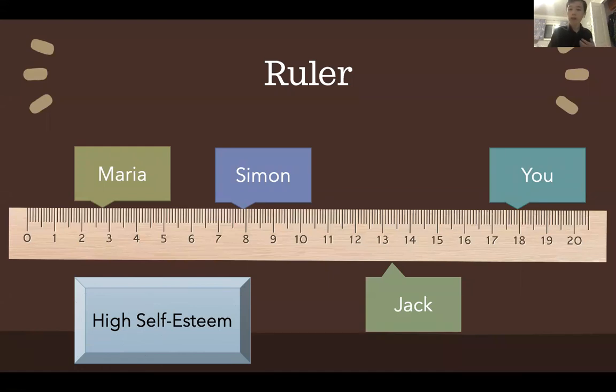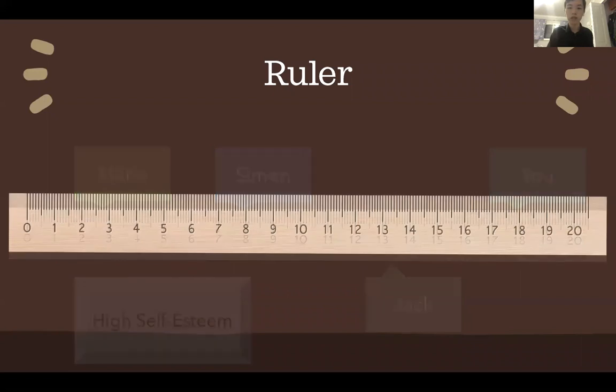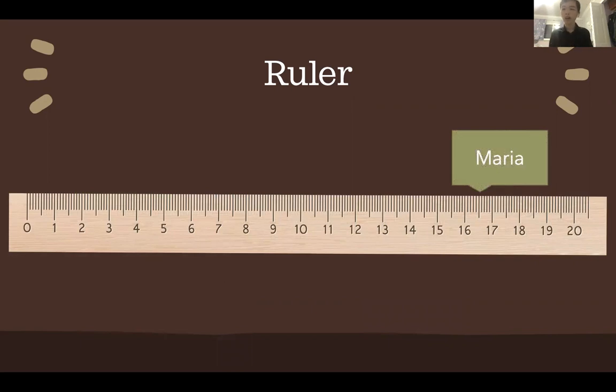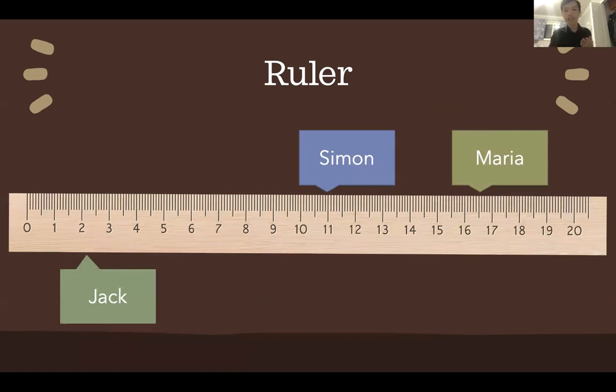However, there's also low self-esteem, as you can see in another example I'm about to give. This one's going to be about math. So Maria is in calculus. She's pretty good at math. Simon is in pre-calculus. He's getting his way toward calculus. Jack is still in Algebra 1, while you are in Algebra 2.